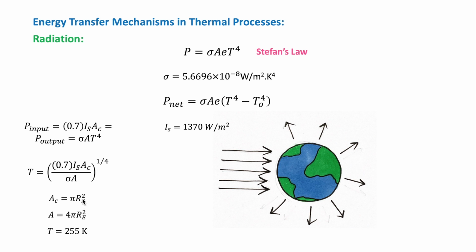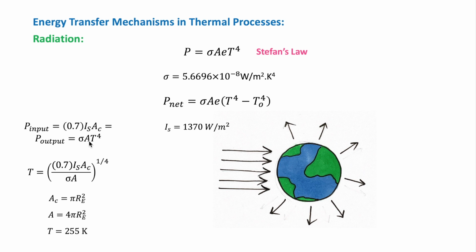And the energy re-emitted as thermal radiation from the Earth's surface, if we assume that the Earth is a perfect emitter of emissivity 1, is given by this equation.